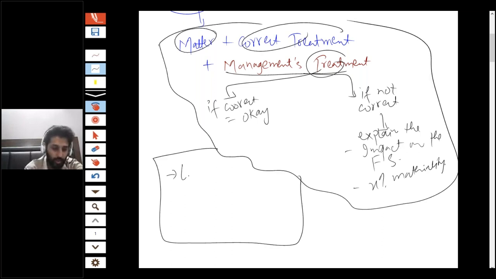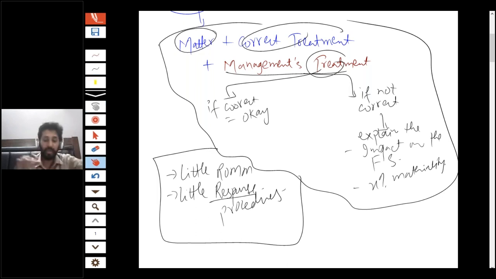All right. And along with this, you need to write a little ROMM, your little response, I mean procedures. This is actually the combination of various writing things. Your comment on the matters should cover at least these contents so that you will be able to write it correctly. It's management treatment.